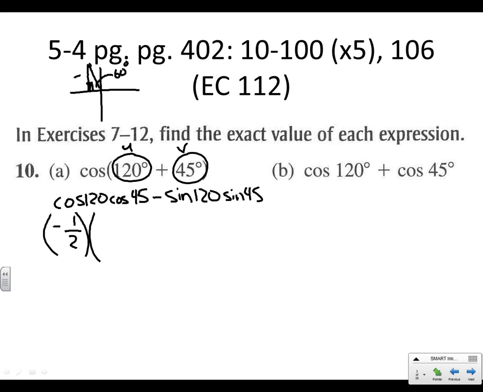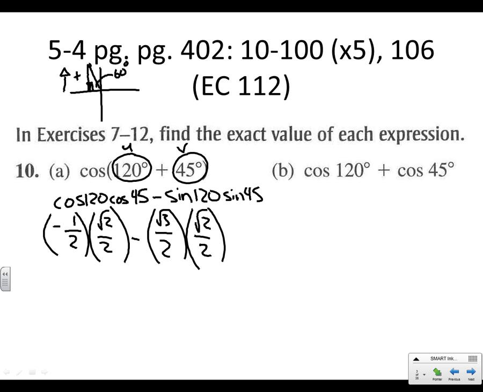The cosine of 45 is root 2 over 2 minus the sine of 120. The sine of 60 degrees is root 3 over 2, and since it's in quadrant 2, the sine would be positive since we're up above the x-axis. And the sine of 45 is root 2 over 2.